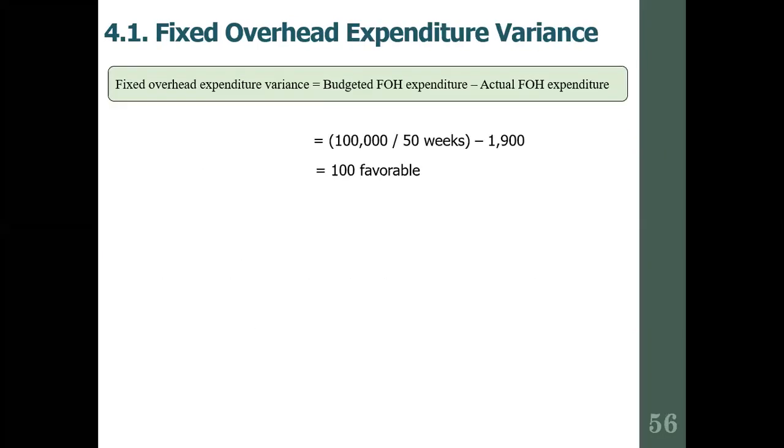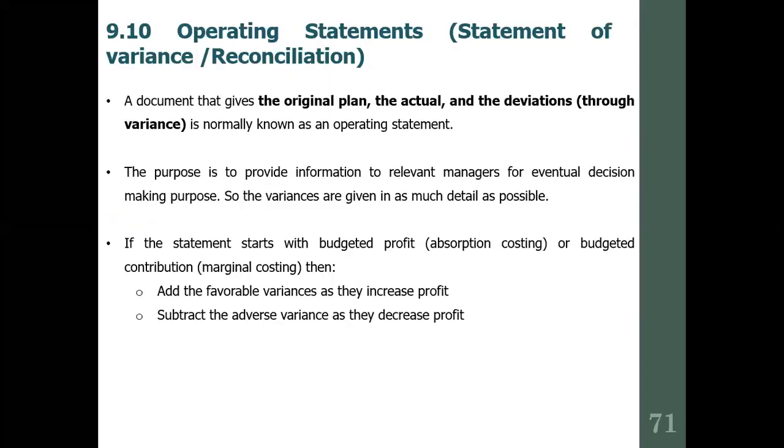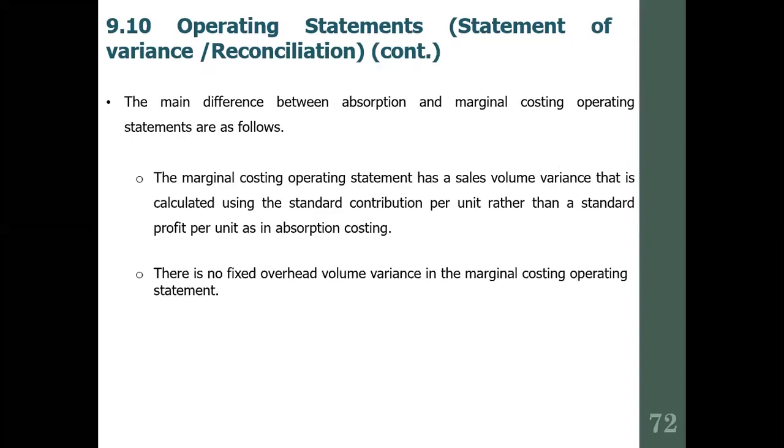But under the marginal costing system, we don't have it. So under the marginal costing system, if you prepare the operating statement, it is unlikely to see any fixed overhead volume variance. It's a very obvious thing, right? So that is the only two differences out there.